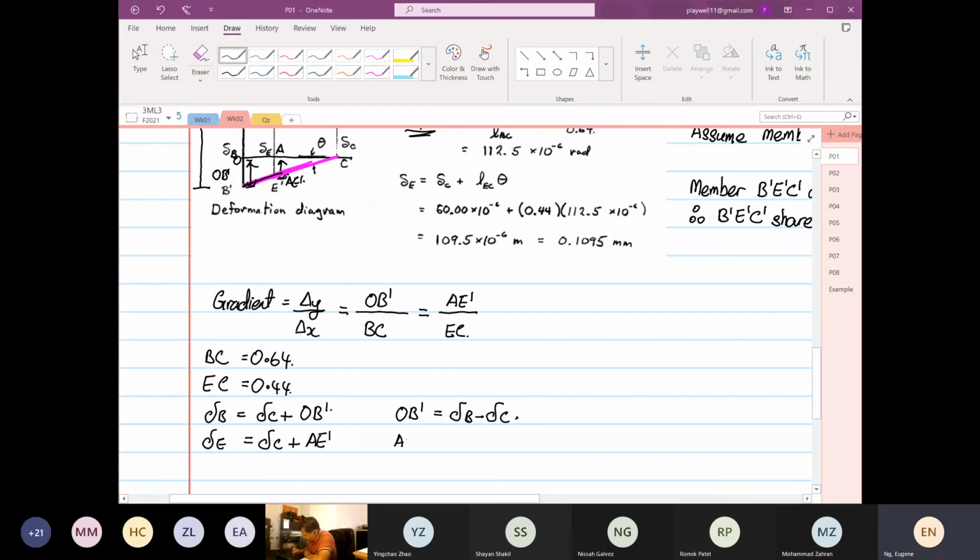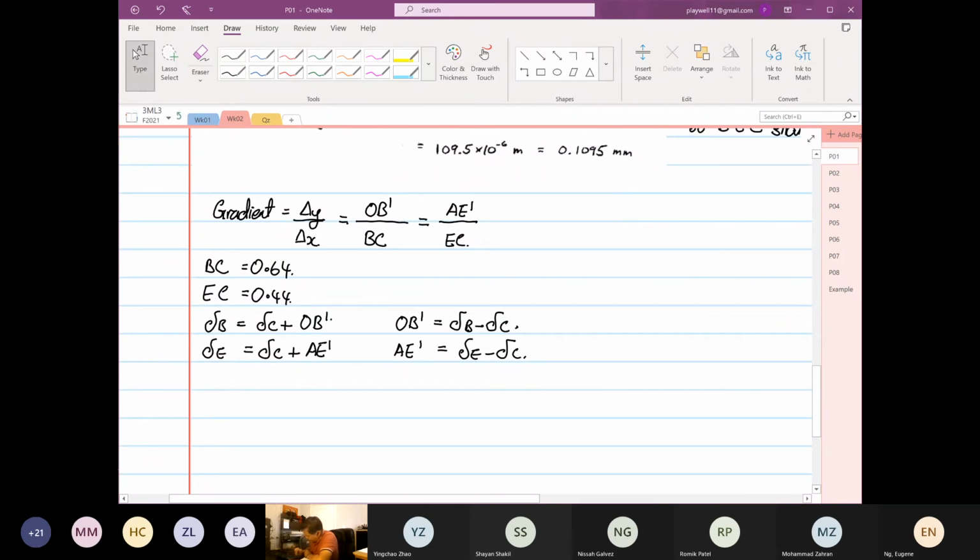So AE prime is equal to the deflection of E minus the deflection of C. When you substitute everything into the equation for delta Y over delta X, OB prime gives the deflection of B minus the deflection of C divided by BC, which is 0.64.